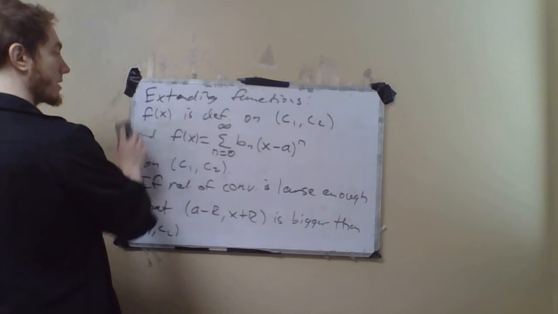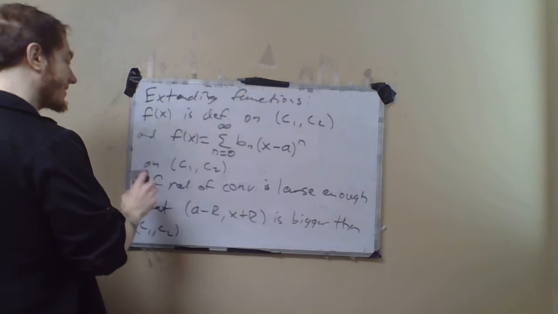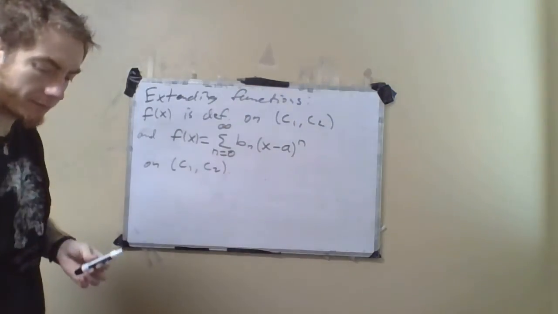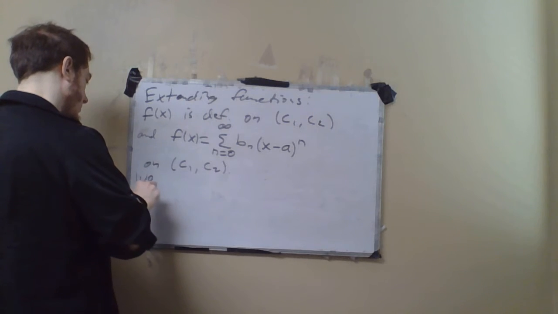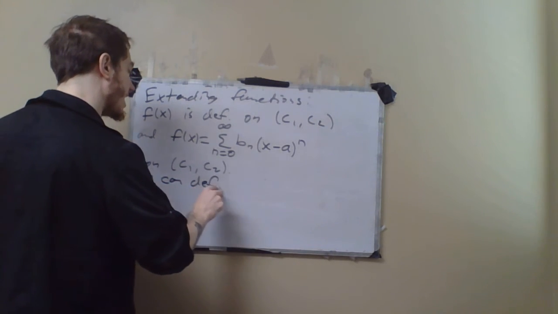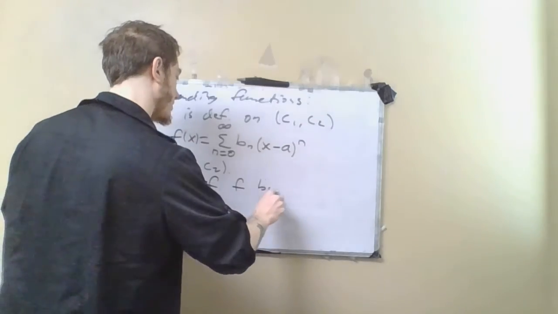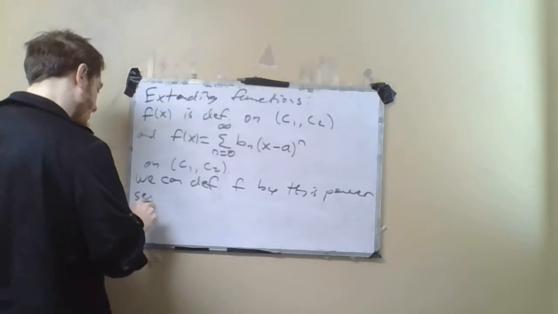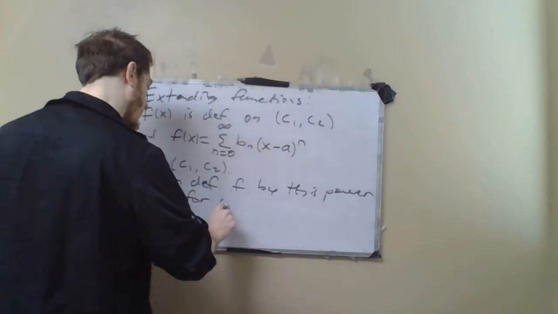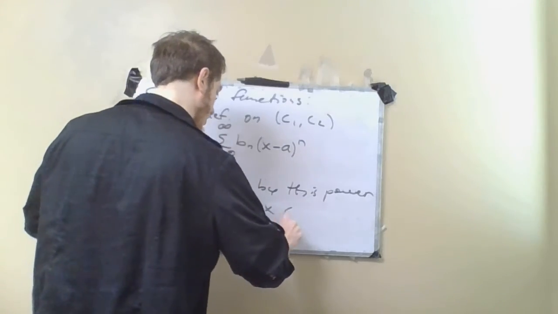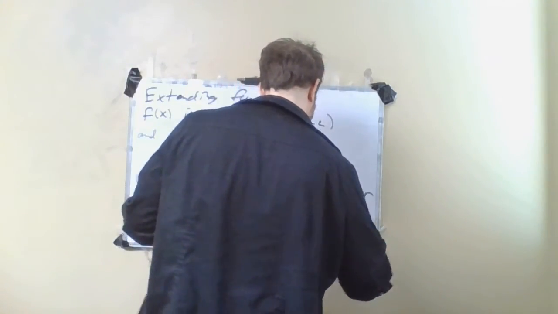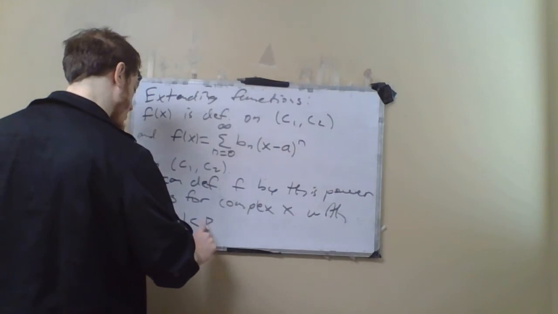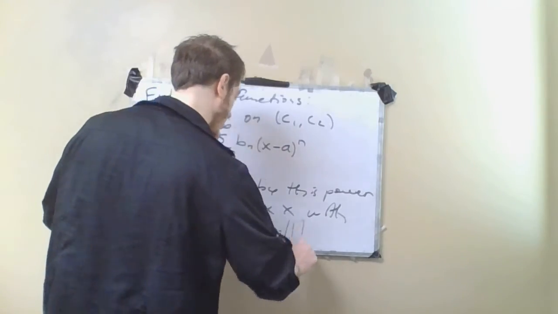The really important thing is, in fact, what we can say is we can define f by this power series for complex x with absolute value of x minus a less than r as well.